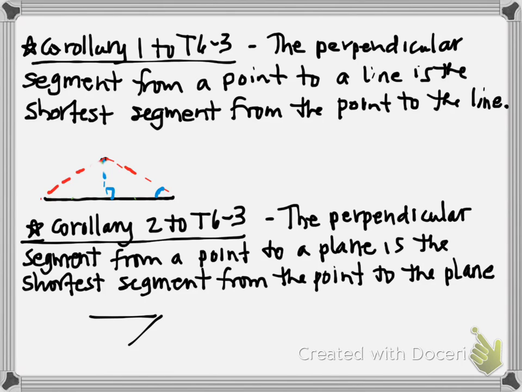So if here's your plane, and here's your point, what they're saying is this is the shortest distance from the point to the plane. Every other distance to the plane is going to be longer. And we've talked about the fact that the perpendicular is going to be the shortest segment. I can't remember what chapter that was. I think it was in 4. So much of what we've talked about has been in 4. Okay?